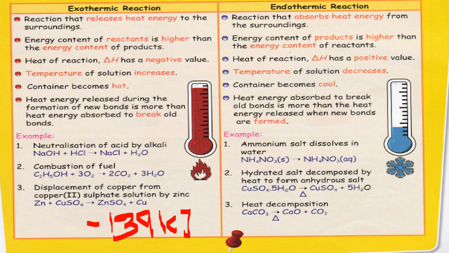And this is a positive value, 139, for example. In exothermic and endothermic reactions, yes, you need to label the value as negative or positive. You cannot simply say 139 kilojoule, because then we don't know whether it is an exothermic or endothermic reaction.